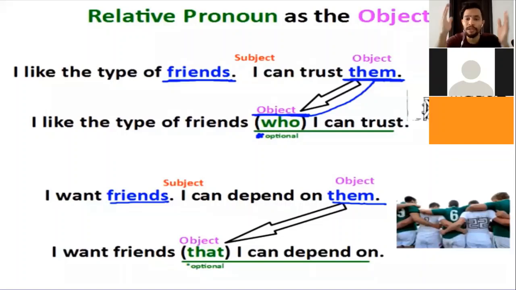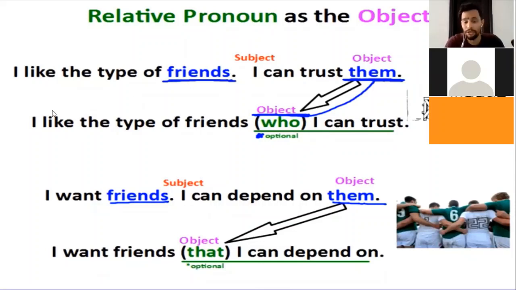With a subject, you need to use who, that, or which obligatorily, but with who and that working as objects, you can decide if using it or not using it. That depends on you. That's why I say that it's optional. That's why you can see that the relative pronouns who and that are in between parentheses, right?